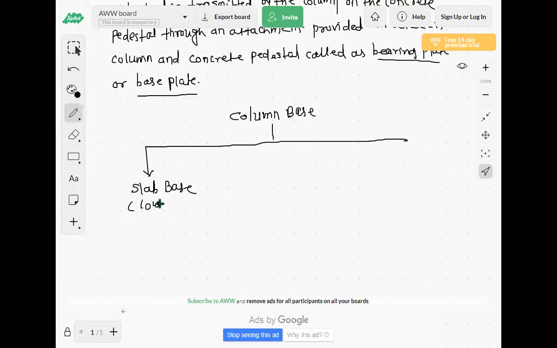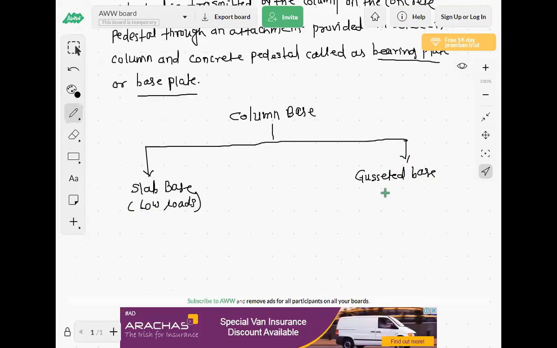This is used for low loads. And second is the gusseted base. So two bases we have to provide for the column, and we have to design the slab base and gusseted base.